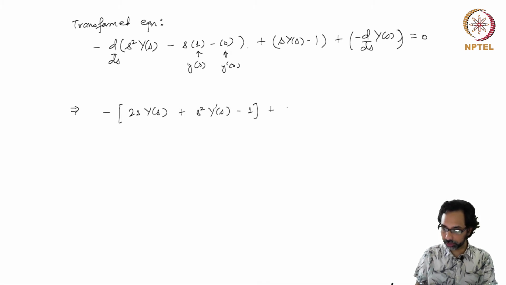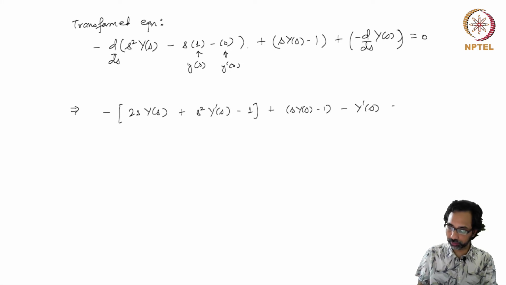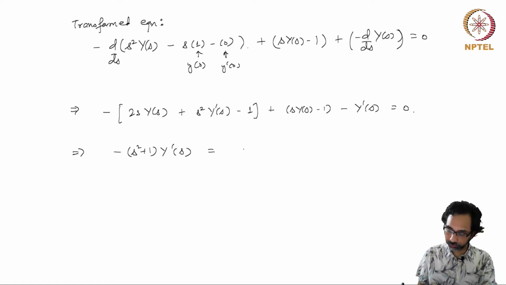The second term is sY(s) − 1 and the third term is Y'(s) again. Now we can collect terms for Y'(s): we get (s² + 1) Y'(s) = −sY(s), and the constant terms, plus 1 and minus 1, cancel out. So this is our transformed equation.